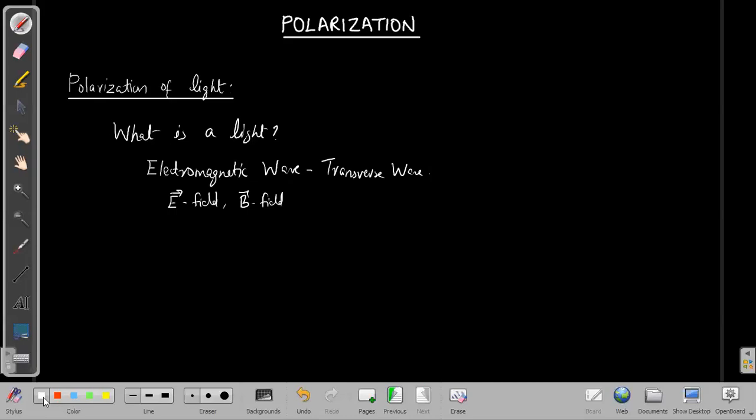Okay, so we can have a schematic diagram of an electromagnetic wave. Suppose this is the direction of propagation of an electromagnetic wave. Then the electric field would oscillate. Consider a sinusoidal wave. Be very careful while drawing this. So the electric field will oscillate like this.